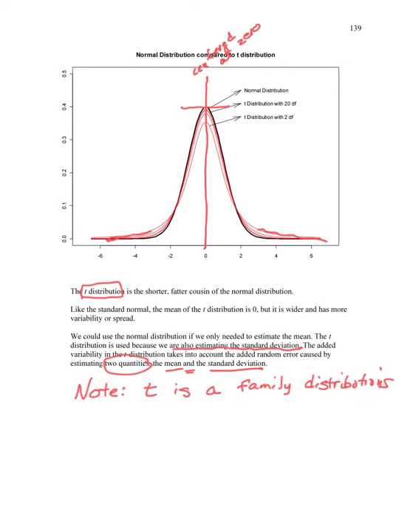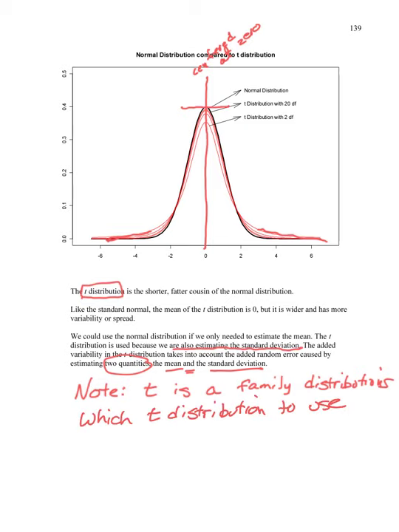Another big difference between the normal and the t-distribution is that the t is a family of distributions. There's only one normal distribution, but as you can see, there are many of these red lines. These are just some examples of the t-distribution. There are many, many more.